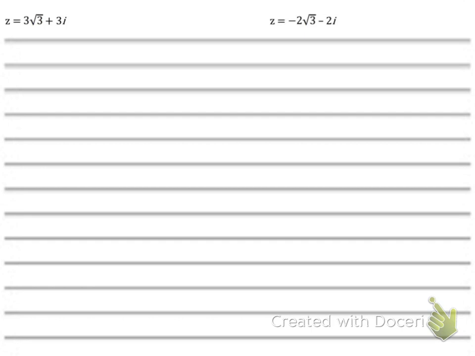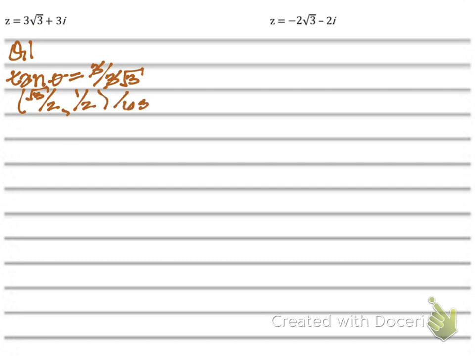Here it looks like we're in the first quadrant. That's always fun, right? Positive, positive. And we know that the tangent of theta is 3 over 3 root 3, which is 1 over root 3, right? And if my tangent is 1 over root 3, that means my x must be root 3 over 2, and my y must be 1/2. And that's true for my family of over 6s.